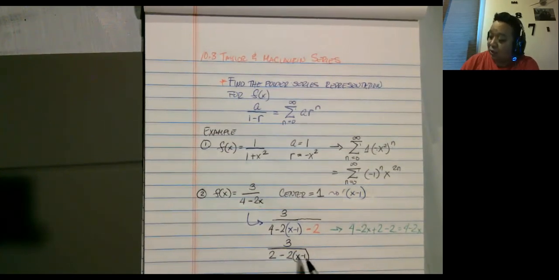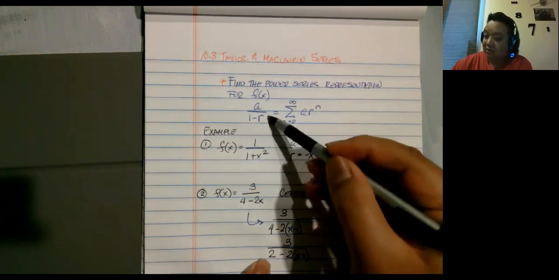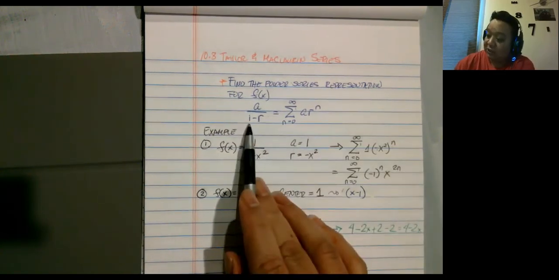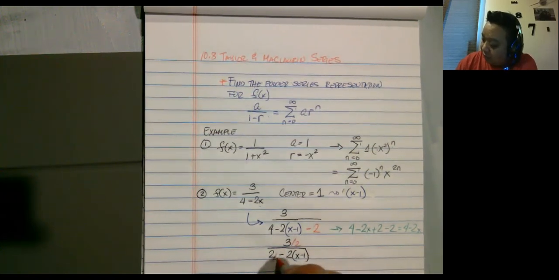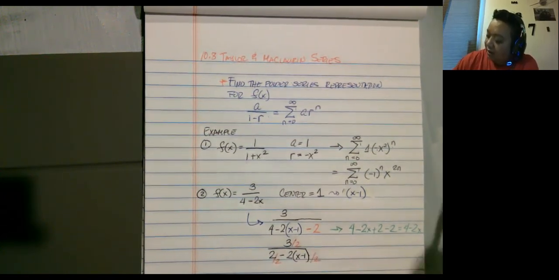And then now try to match this to that one. First thing is to get the 1. So this 2 has to be 1. So you do that by dividing everything by 2.